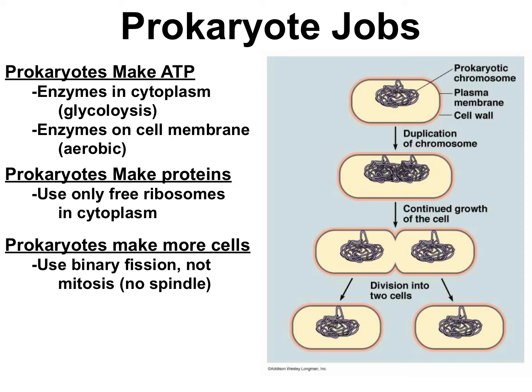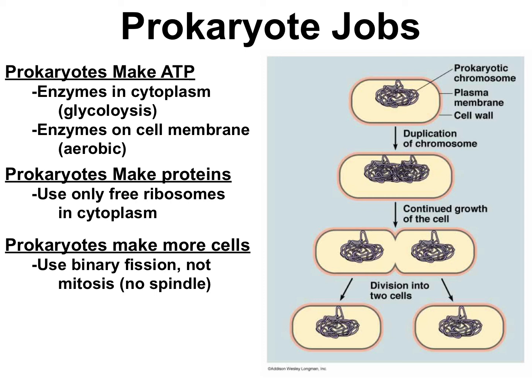But prokaryotes do all of this in one compartment, their cytoplasm. To make ATP, all of the enzymes prokaryotes need are in their cytoplasm. But if a prokaryote is aerobic, some of those enzymes are attached to their plasma membrane, but no mitochondria in prokaryotes. To make proteins, prokaryotes transcribe RNA from their DNA, but that DNA is not in the nucleus.